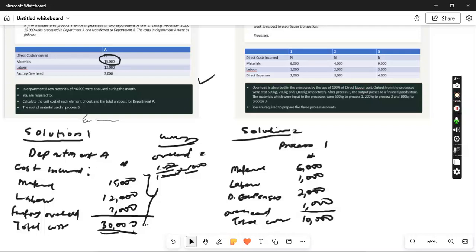Now, we are further told that the output from the processes were 500 kilogram for the first process, 700 kilogram for the next process, and 1,000 kilogram respectively for the third process.